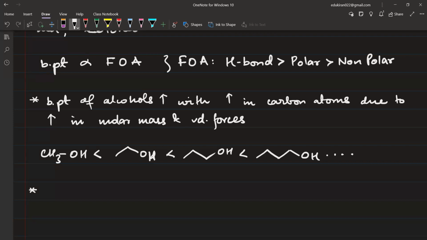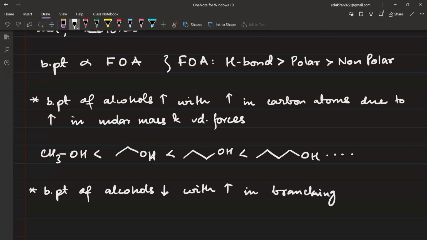Okay, after this, you will write boiling point of alcohols decreases with increase in branching due to decrease in surface area.